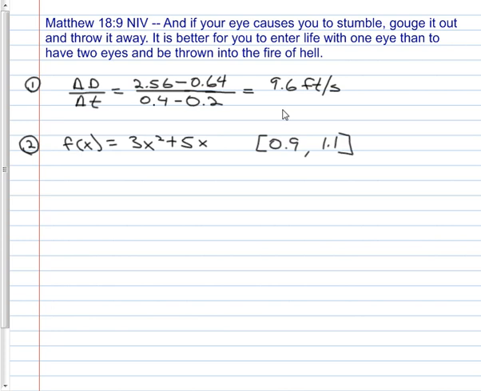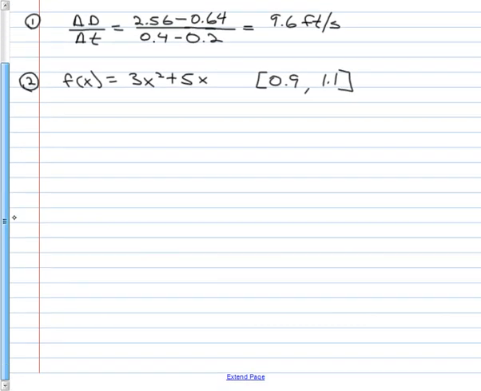This is really the exact same question, but they give us the equation this time and the values for x. So if I want the average rate, we're going to have to get our two values. If I put 0.9 in, f of 0.9, whatever you get when you substitute that in, I'll let you do that.